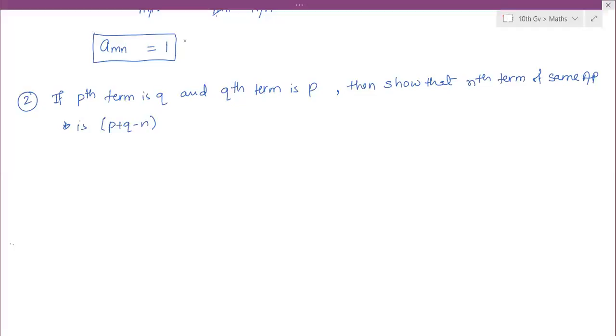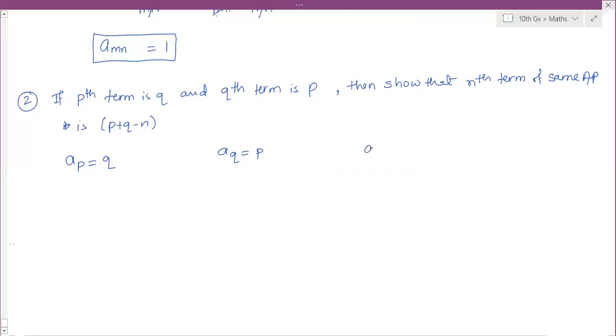If the pth term is q and the qth term is p, then show that the nth term is p plus q minus n. So pth term means ap is equal to q and aq is equal to p.